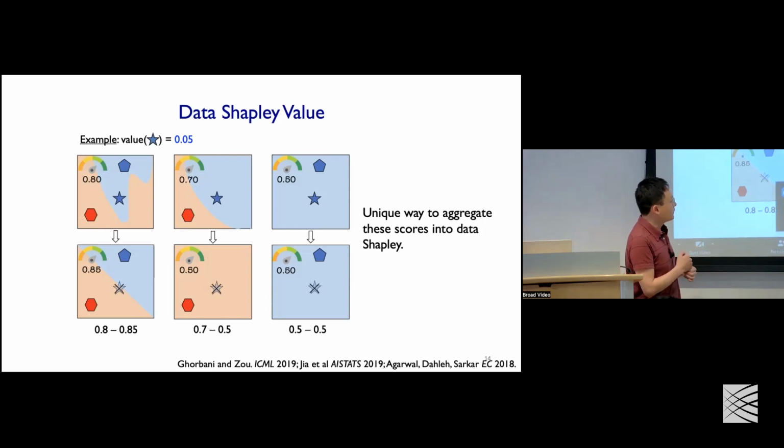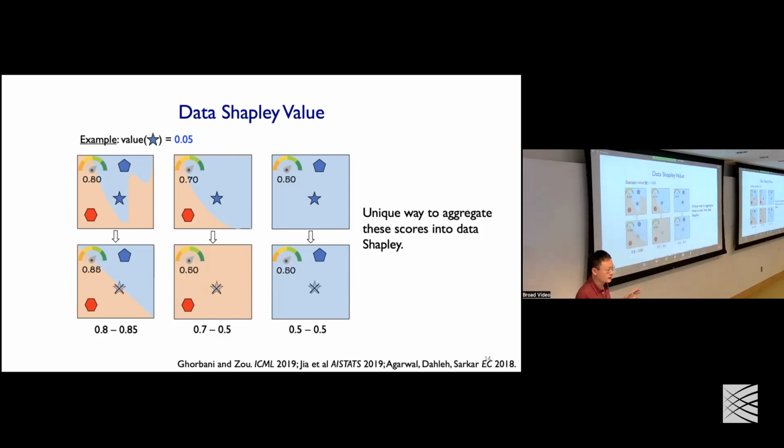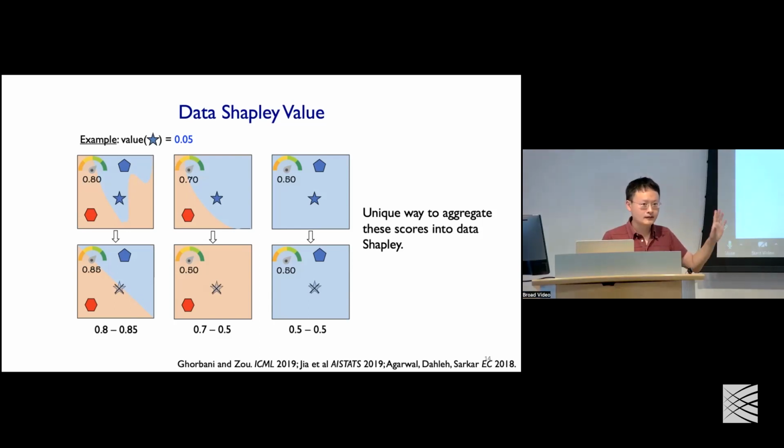So in each scenario, we estimate the leave one out score, and in the end, there's a mathematical way to average across these scenarios to get a single estimate for the importance of an individual data point. Then we can do this across different data points. There are some computational challenges, which I'll come back to, but this at least is the high-level idea of what we're trying to do.